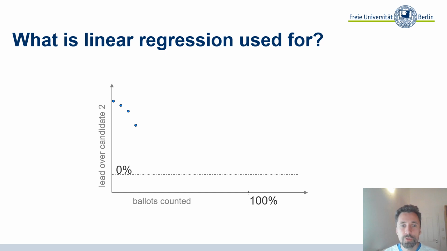So what do you use linear regression for? One of the examples I wanted to share with you is this. Think of the most recent elections you can remember. In some of the states, it was really a close race between two candidates, and a portion of the votes were counted in the beginning, and those came from people that actually went to the voting booths.